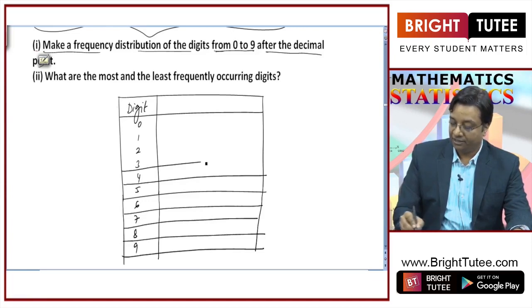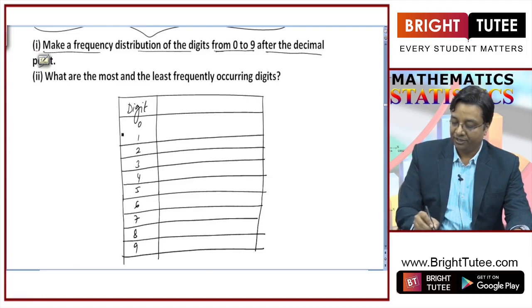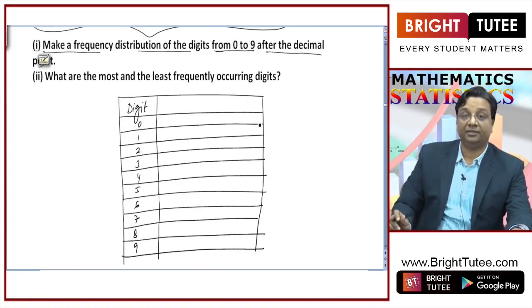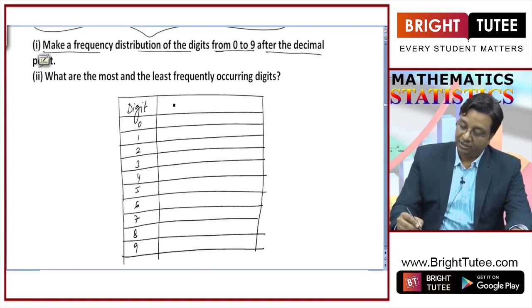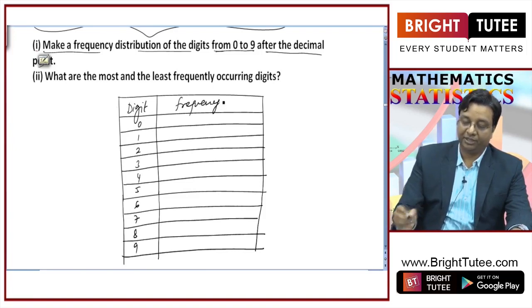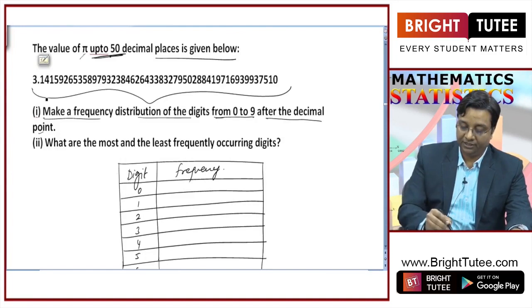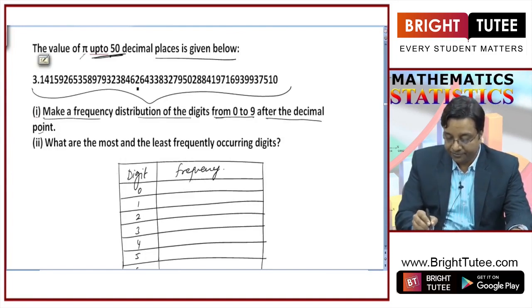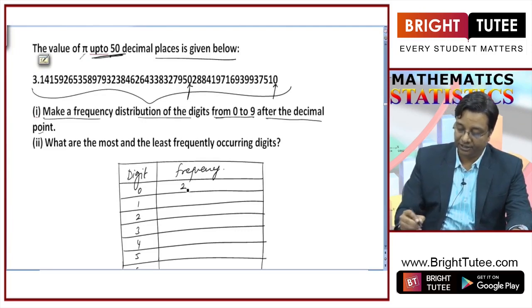And now we will write the number of times these digits appeared after the decimal point. So the number of times, or the frequency, of these digits appearing. So 0 was present 2 times. So I'll write 2 here.